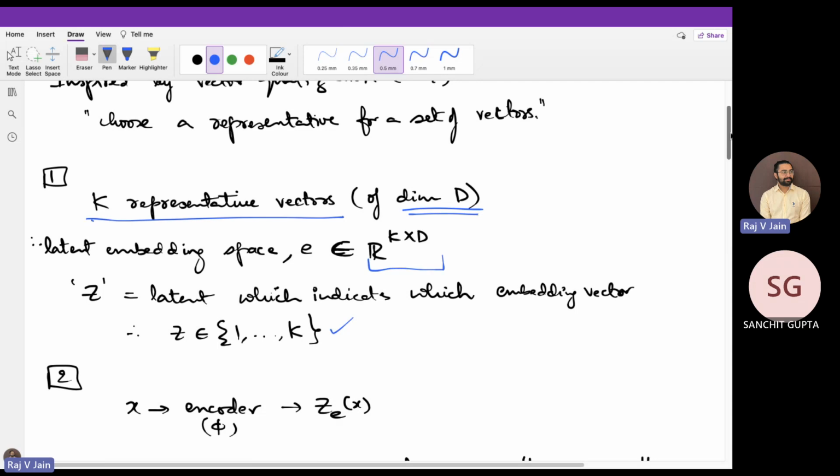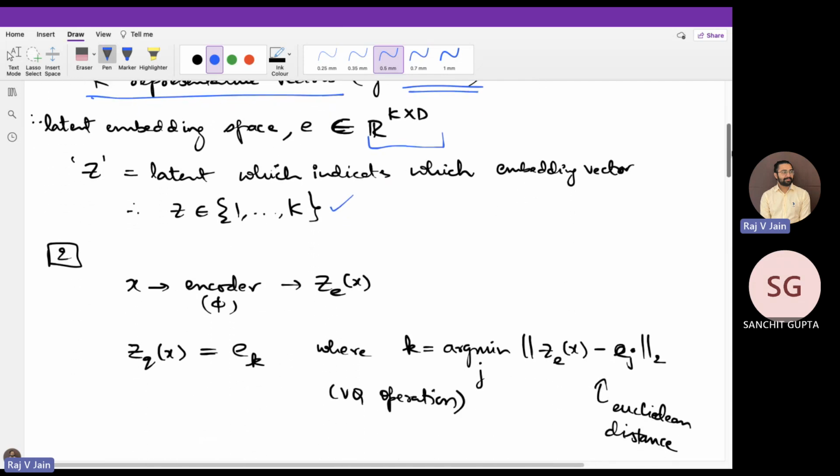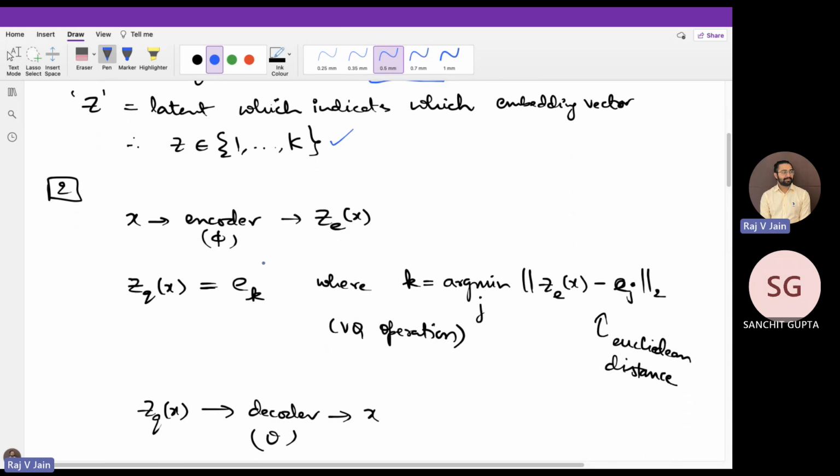Then, how does the procedure go about here? We have x, it goes to the encoder, your phi, and gives you an output z_e of x. That z_e of x is quantized with respect to all your embedding vectors. So basically choose the vector to which it's closest, again using Euclidean distance.